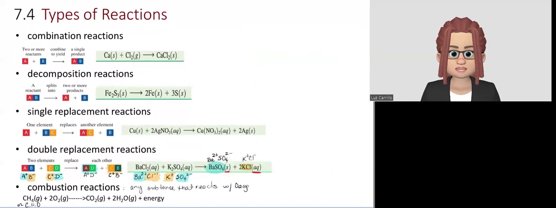I would like to point out that every time we are reacting with O2 and it says that it is in gas form, it is because we are referring to the elemental form of oxygen, which is diatomic oxygen. Remember that this is true for any of the diatomic molecules.